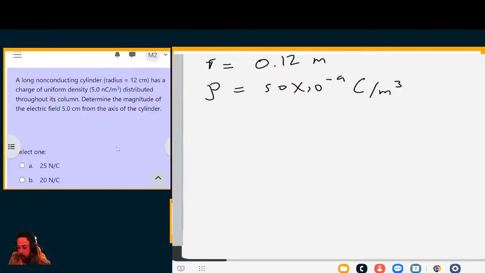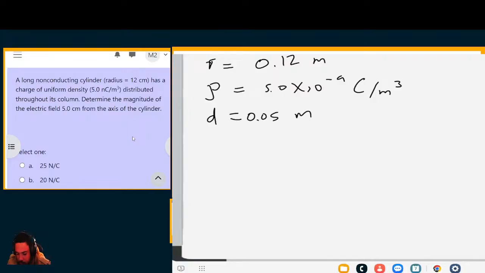So we have rho, which is 5, and it's 5 centimeters from the axis of the cylinder, so the distance d is equal to 5 centimeters, which is just 0.05 meters. They want the magnitude of the electric field 5 centimeters away from the axis of the cylinder.